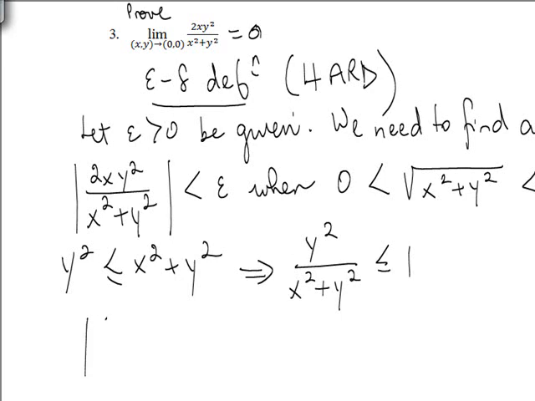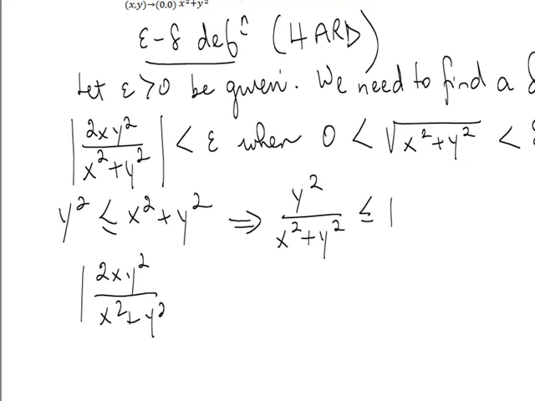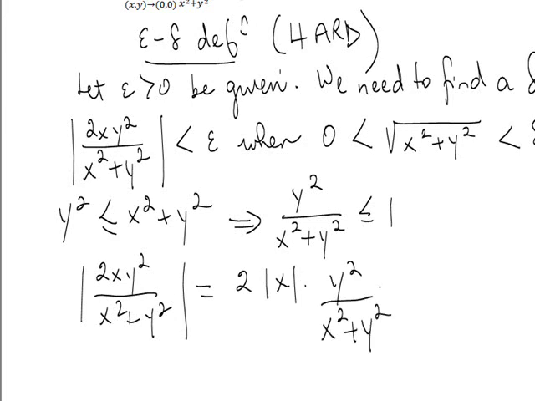So the absolute value of 2xy squared over x squared plus y squared is the same thing as 2 times the absolute value of x times y squared over x squared plus y squared. That's the same thing. But we know that this thing is less than or equal to 1. So all of this is less than or equal to 2 times the absolute value of x.